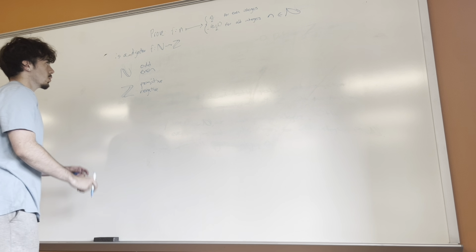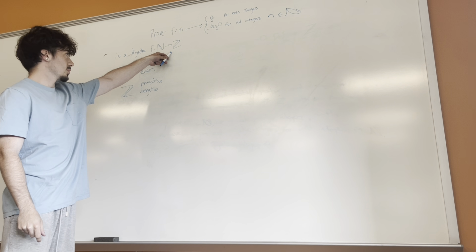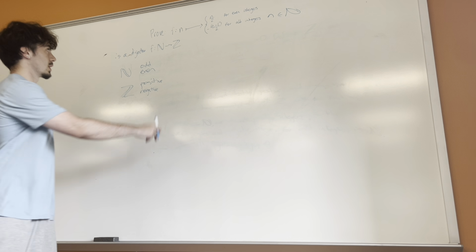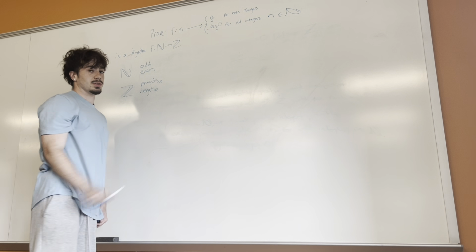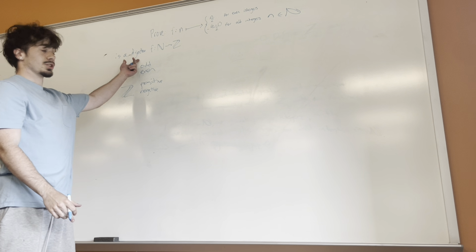So our goal is to map the elements of here onto the elements of here and cover everything, and have a unique element in N mapped to a unique element in Z. So to satisfy both injectivity and surjectivity and thus have a bijection.